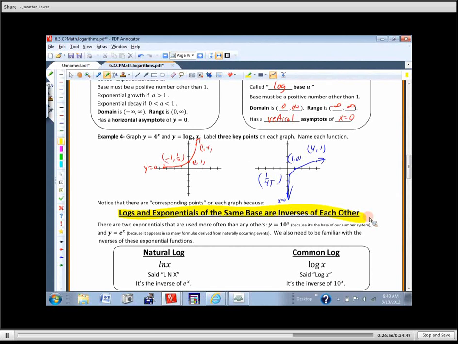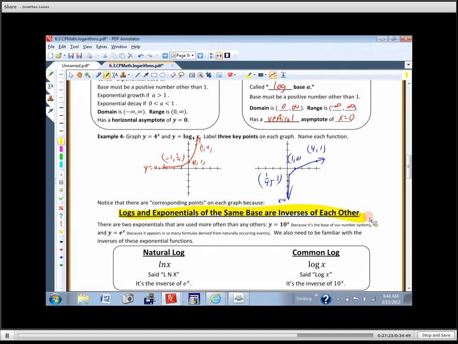Everybody listen, if I were to say, what undoes squaring? Square root does. If I said, what undoes multiplying by 7? Dividing by 7. You know those inverses really well. You want to know these inverses just as well. So if I said, what undoes exponential base 4?